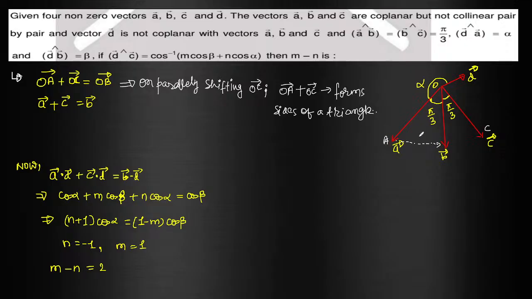On shifting this to this, we are forming an equilateral triangle because the angle is 60 degree also.